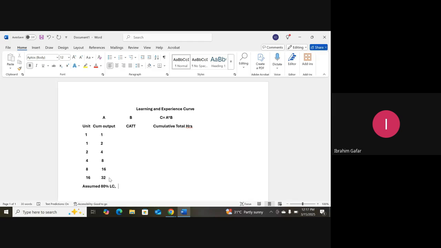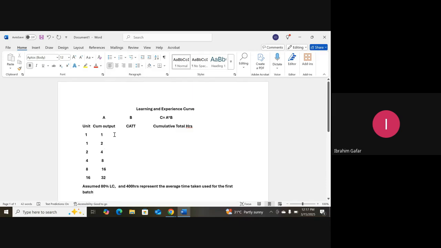We assume that. We only just want to assume that figure. And 400, let's say 400 hours, represent the average time taken used for the first batch.